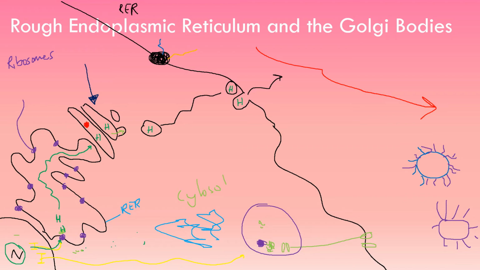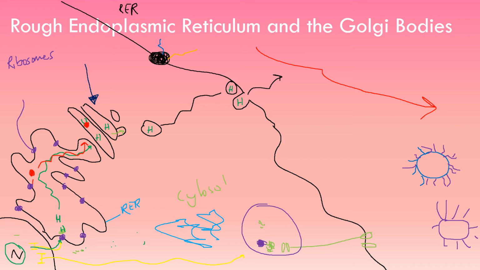It's just been made by a ribosome on the rough endoplasmic reticulum. It travels through the network of membranes into the Golgi bodies, and the Golgi bodies has been informed that it needs to add on some sugars to it, and that's what is meant by modifying proteins.